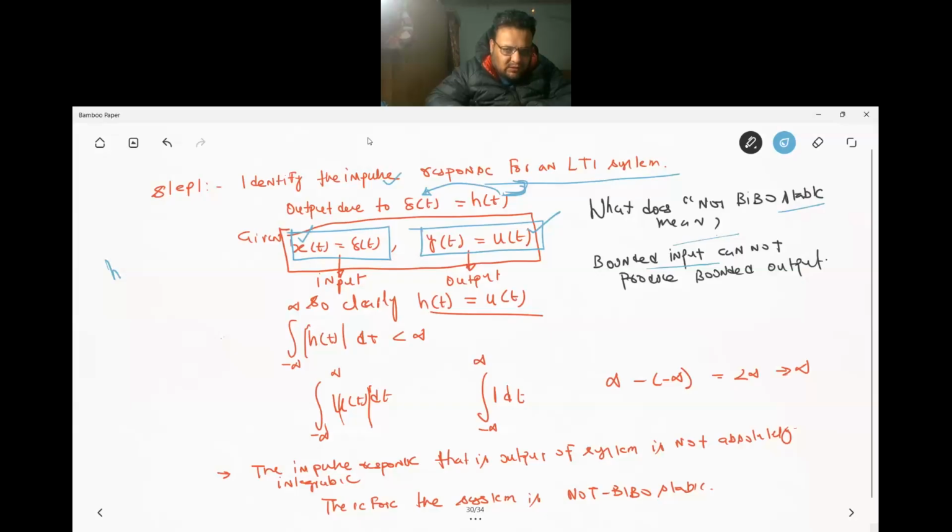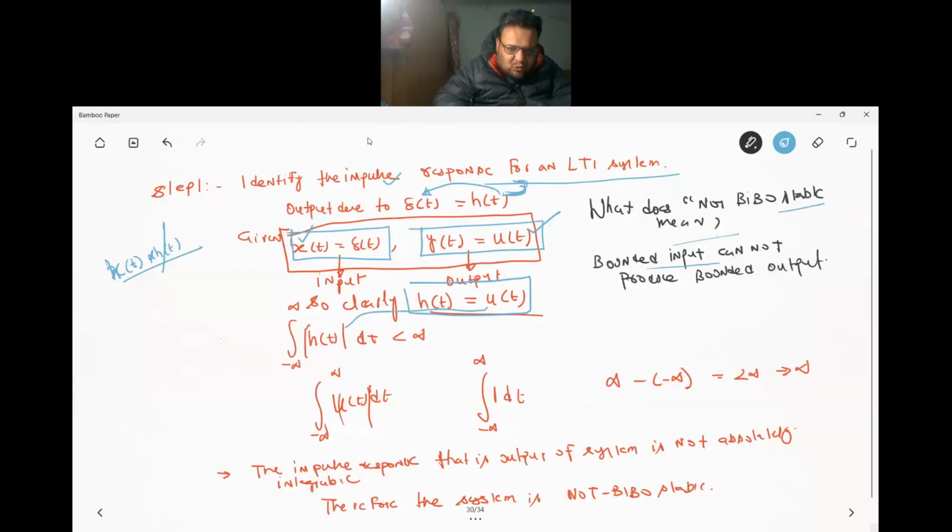The derived output from the system, x of t convolved with h of t, is basically your unit step function. We'll not go into the convolution process. So this clearly means your h of t is equal to your u of t.